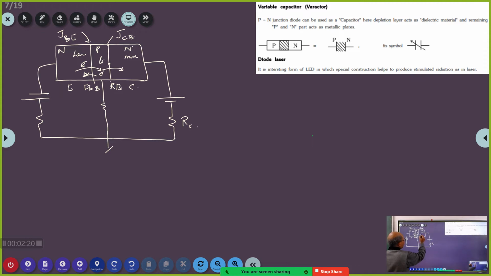So in other words, some of them will recombine. Some of the electrons will recombine with the holes, and that we show as the base current. Here approximately 95% of the electrons which come here will come to the collector region, and then it will go here as the collector. So this current is called the emitter current, collector current, and this current is called the base current.